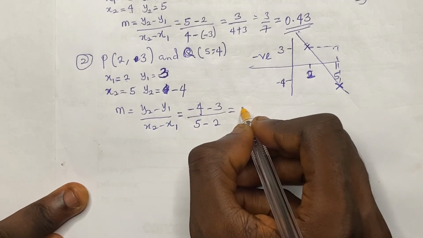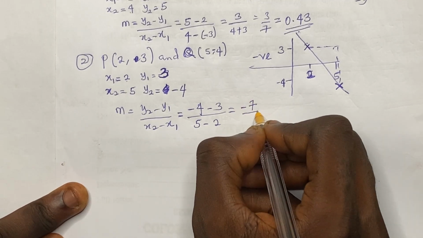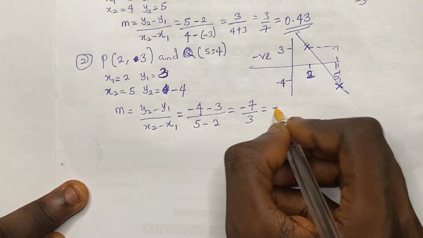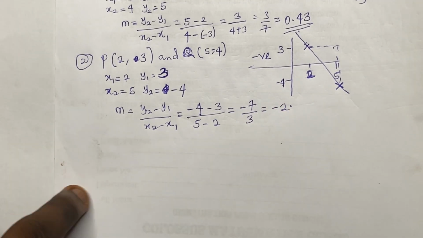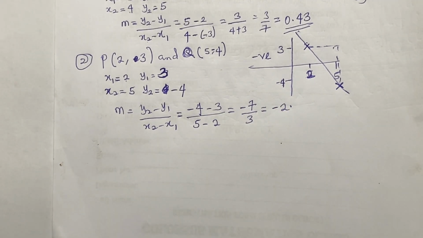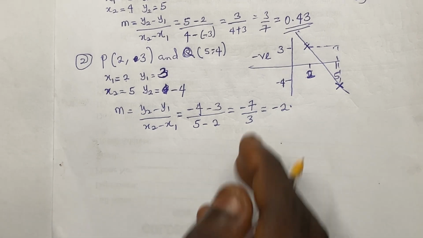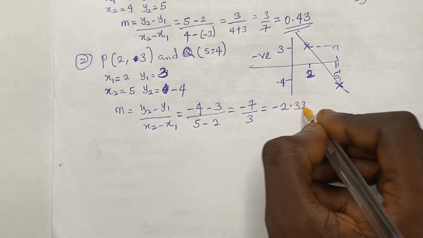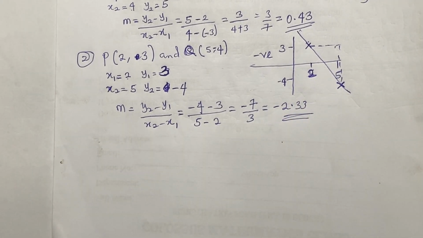That will give us minus 7 over 3, and that will give us minus 2 points. Do you see how I got that now? It will remain 1. So this is the difference between the graphs. Do you understand that now?